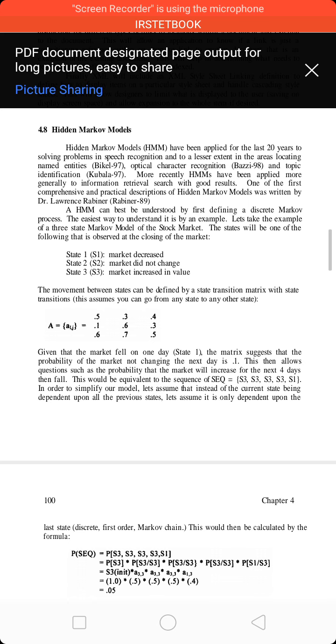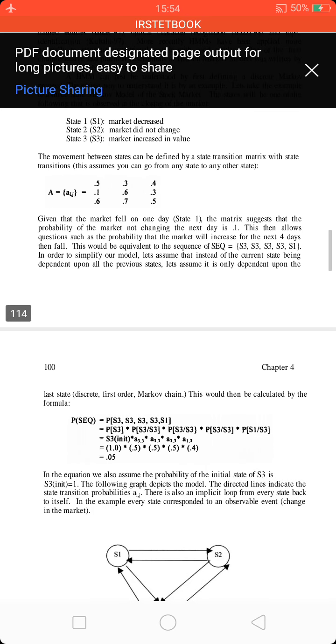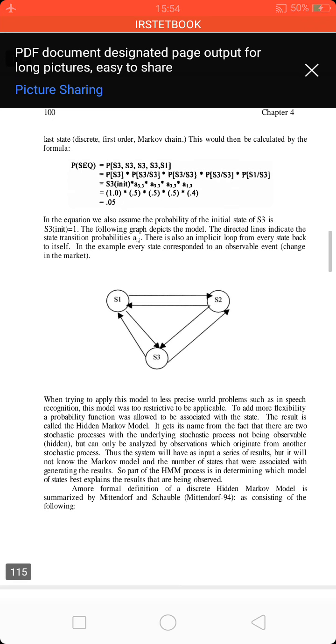This would be calculated by the formula: the probability of the sequence S3, S3, S3, S3, S1 is P of S3 into P of S3 given S3 into P of S3 given S3 into P of S3 given S3 into P of S1 given S3. This is the sequence formula.